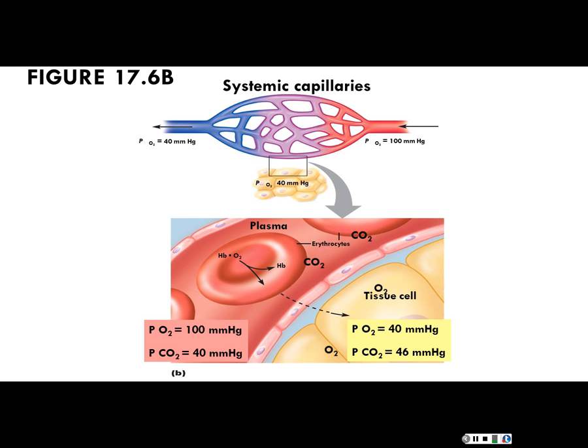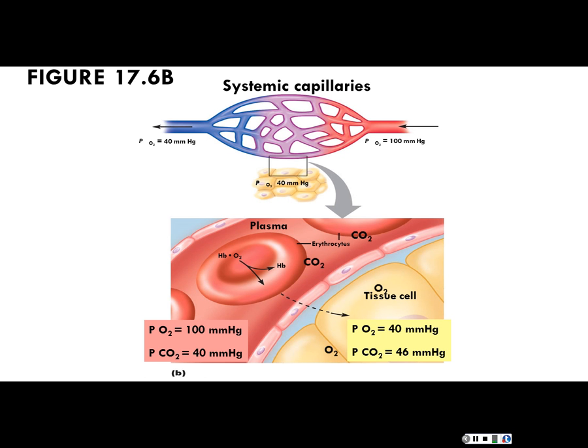What would be the gradient for oxygen, say between the systemic capillaries in your tissues? About 60. 100 minus 40 is 60. What would be the gradient for carbon dioxide?